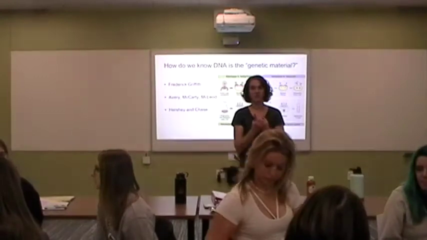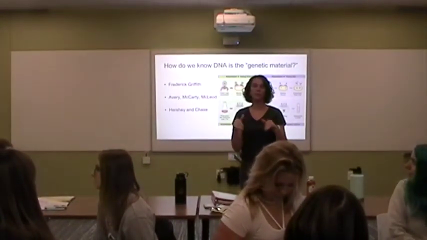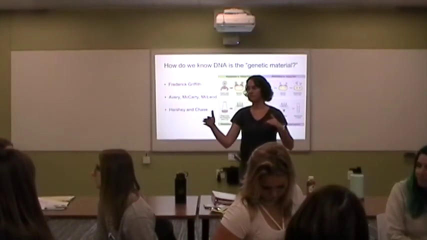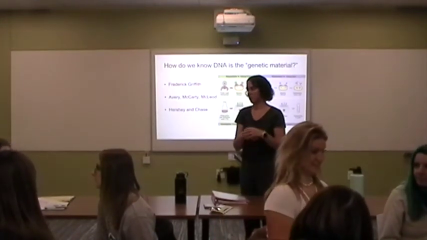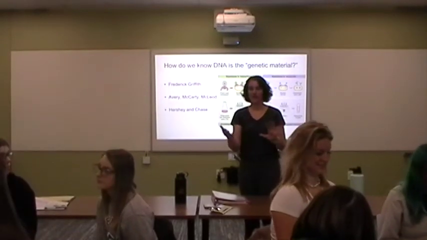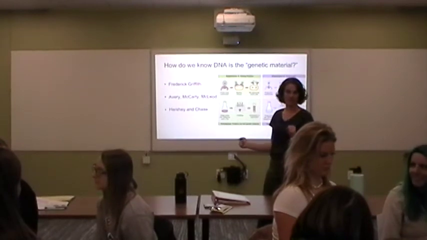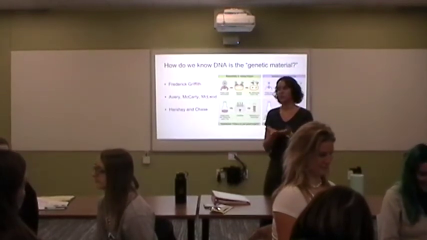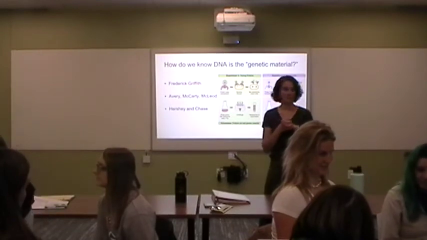Make sure everybody in your group knows and can explain those pieces, because in 10 to 15 minutes we're going to reform our groups with representatives of each of the 3. Then your job will be to explain your group's experiment to the other members. By the end, everybody should be in a group with somebody that can explain all 3 of these and understand the foundational experiments that allow us to determine DNA is our genetic material.